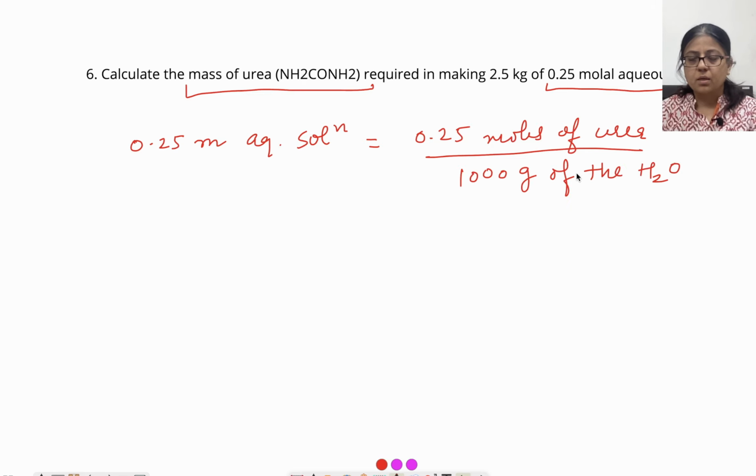So this is what this value means: 0.25 moles of urea per 1000 gram of water.